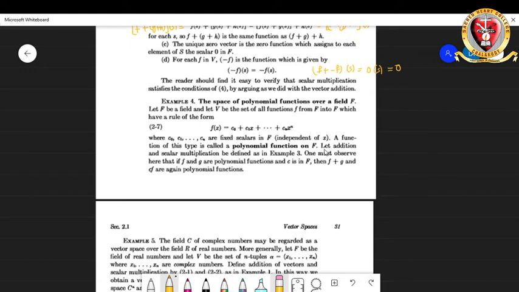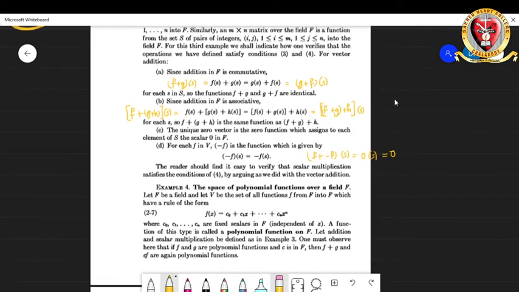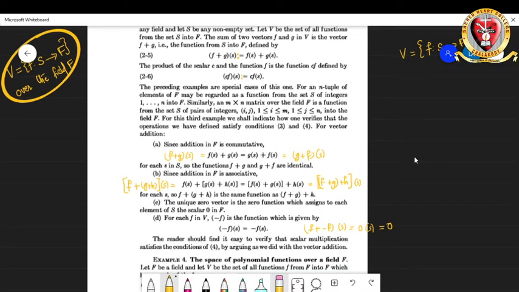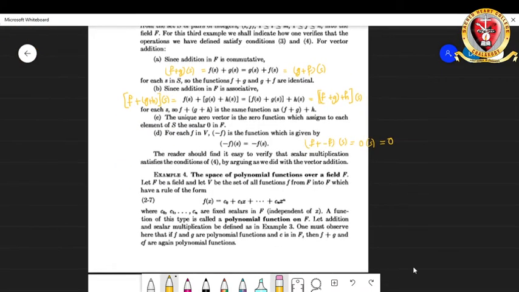It's called a polynomial function on F. Let addition and scalar multiplication be defined as in example 3, like this. Two functions can be added like this, and scalar multiplication like this.